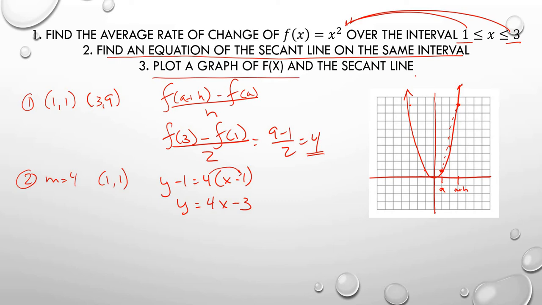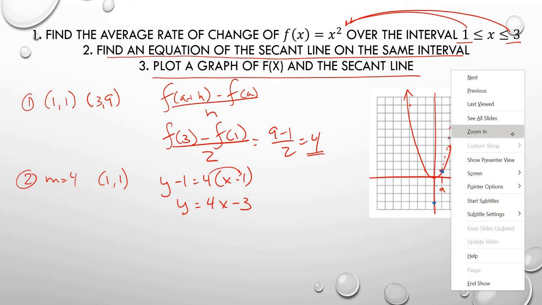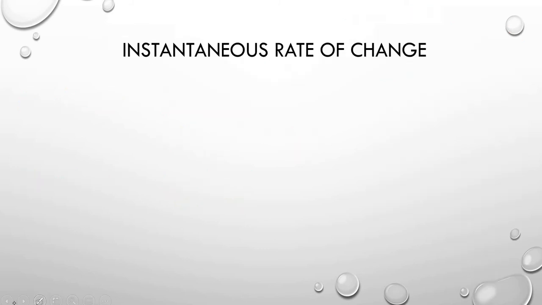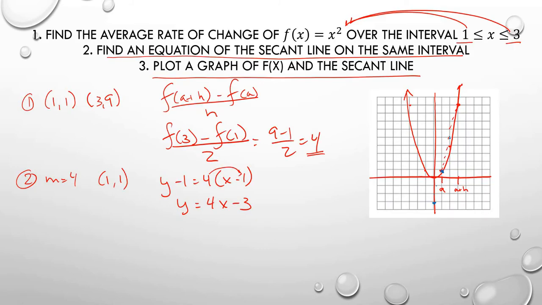Then I want to plot a graph of f of x and the secant line. I've already plotted f of x, so let's plot the secant line in a different color. Negative 3, and then up 4 to the right 1, up 4 to the right 1, and up 4 to the right 1.